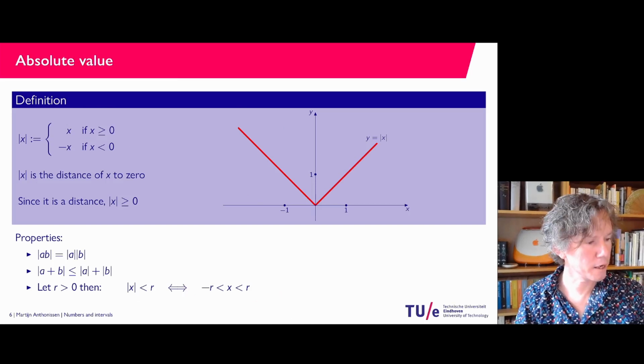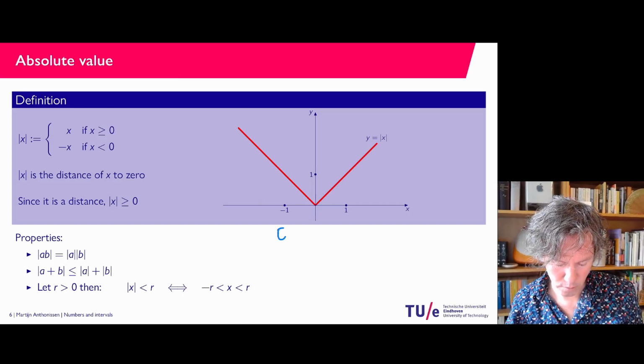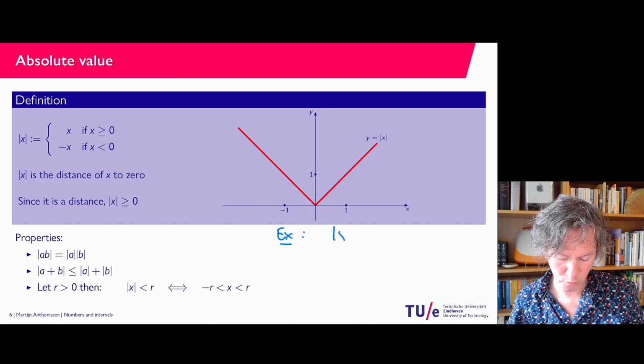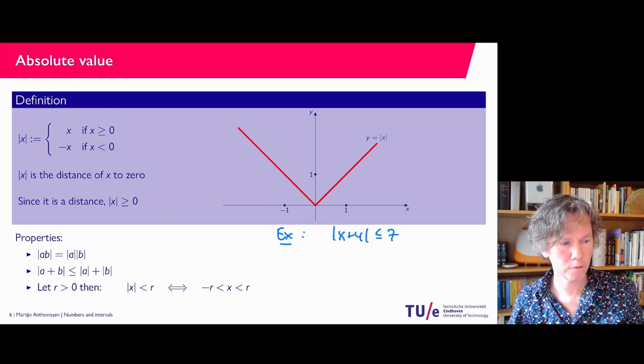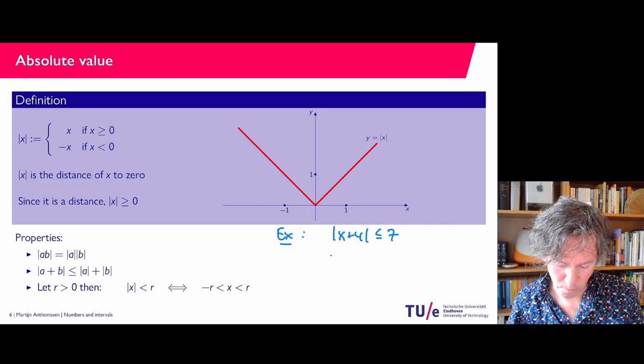So as a little example, if you have the inequality absolute value of x plus 4 is less or equal 7. So what that means, that's the same as minus 7 less or equal x plus 4 less or equal 7.